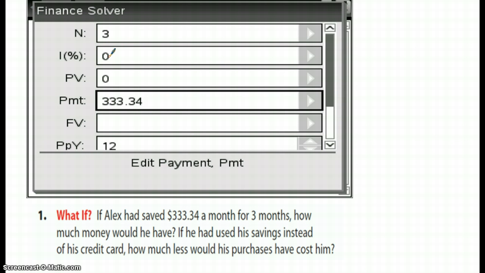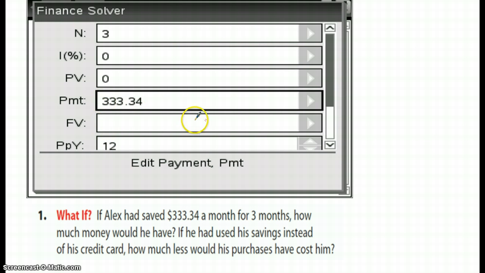Notice here, present value: we don't have any money, so there's no present value because we're beginning with 0. And payment would be $333.34 because that's what he says he's going to save. Again, we leave future value blank, and for the payments per year, we type in 12.